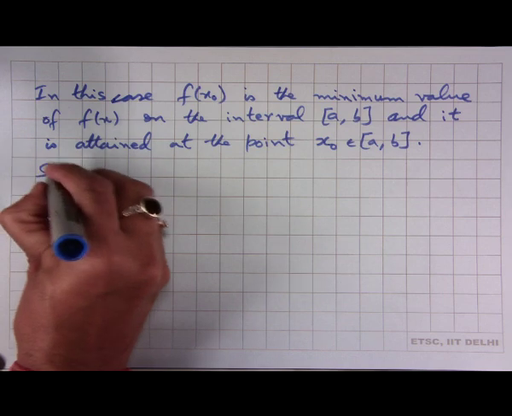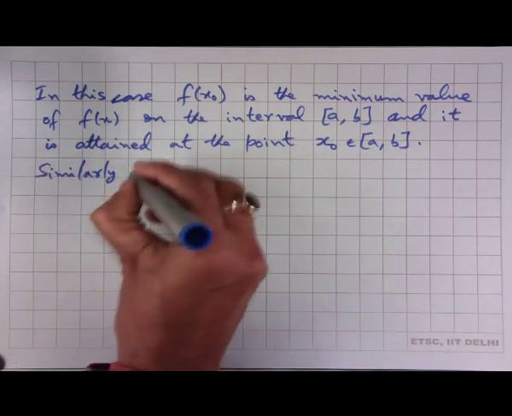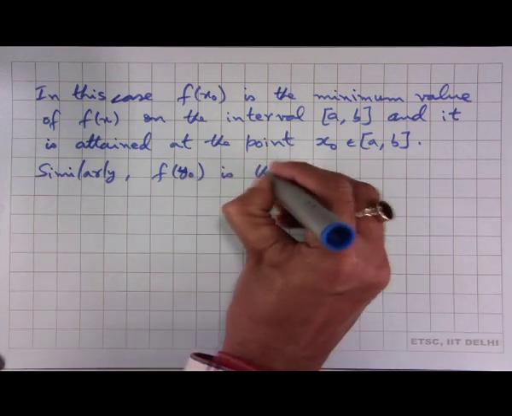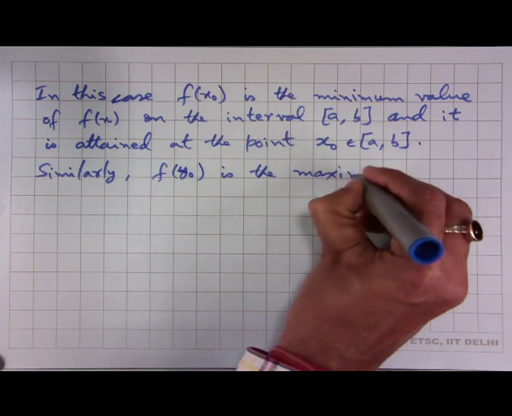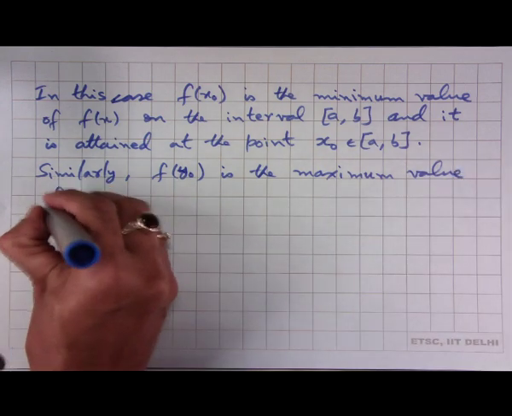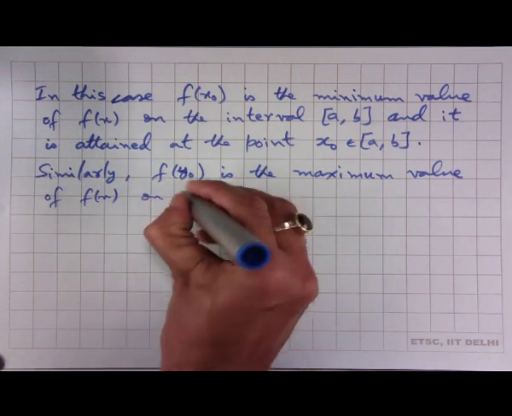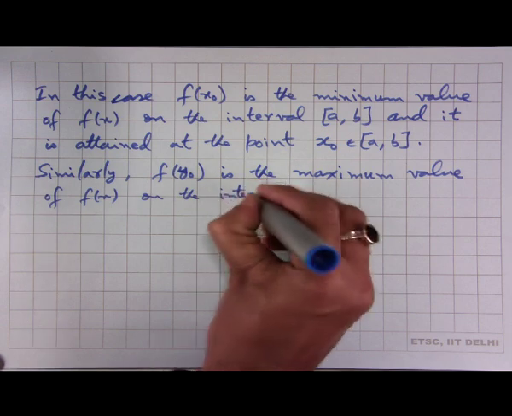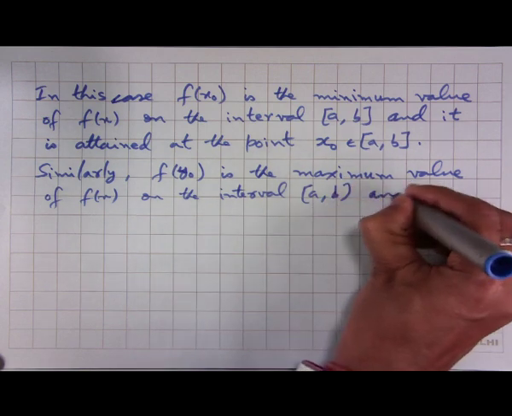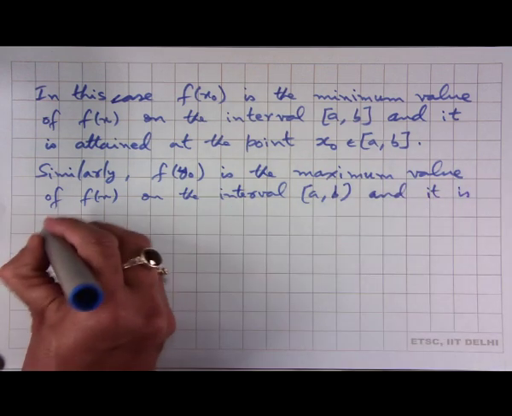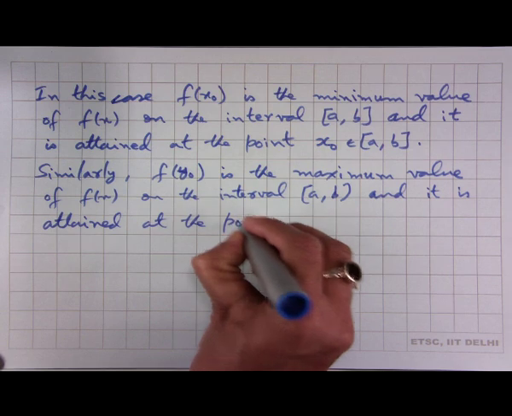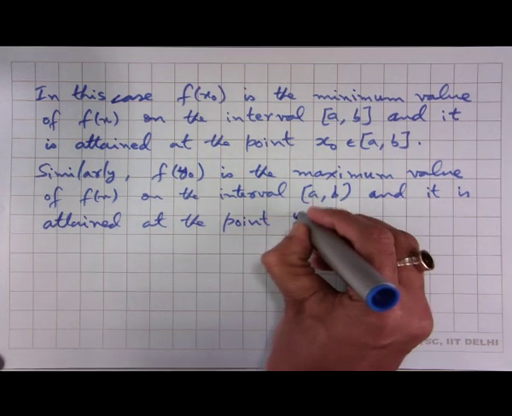Similarly, f of y naught is the maximum value of f of x on the interval [a, b], and it is attained at the point y naught in [a, b].